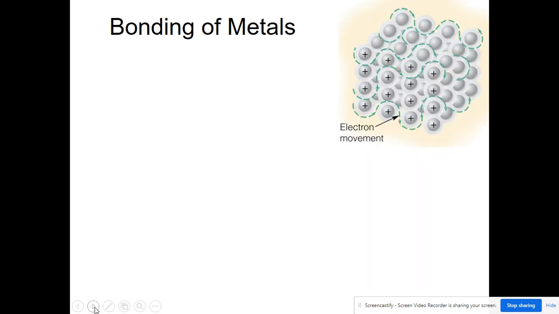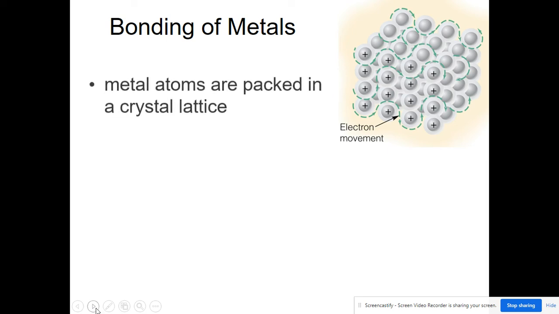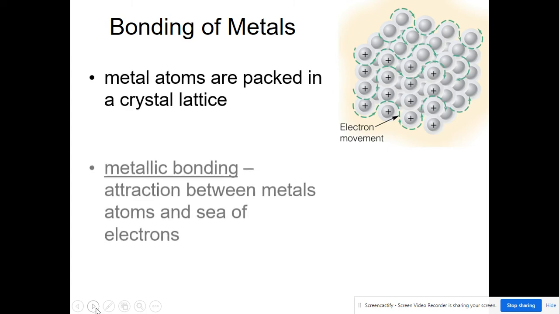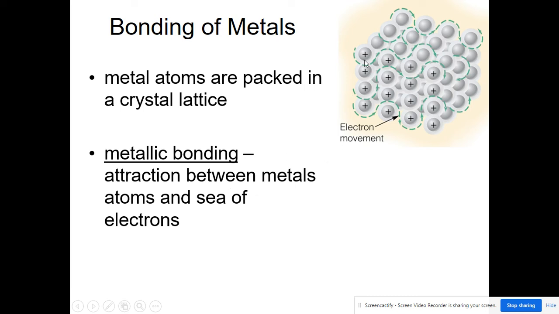So here is what you can imagine. Here's your metal, and each of your metal atoms is kind of like a cation here, because its very outermost electrons, its valence electrons, which are the s electrons, are able to move freely in those partially filled or empty d and p orbitals.